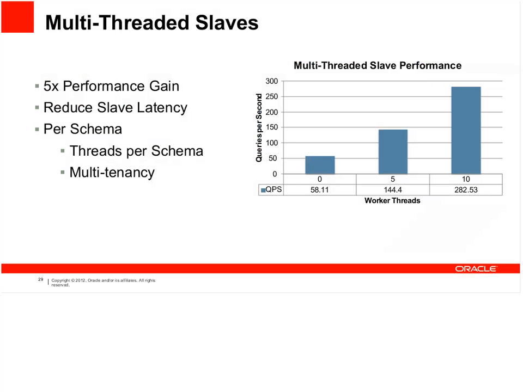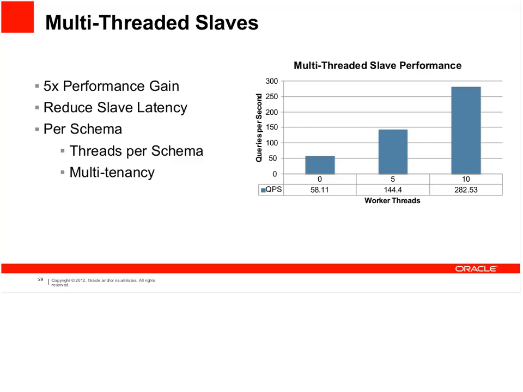Well, how it works with 5.5 and prior is that it's one thread per instance. What we've added with 5.6 is you'll get one thread per schema. So if you have multiple databases or schemas all within one instance, each of those schemas can use a thread.